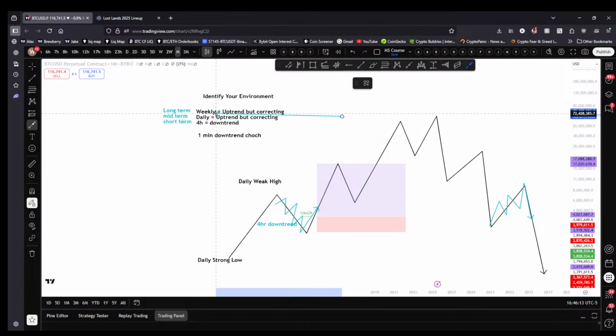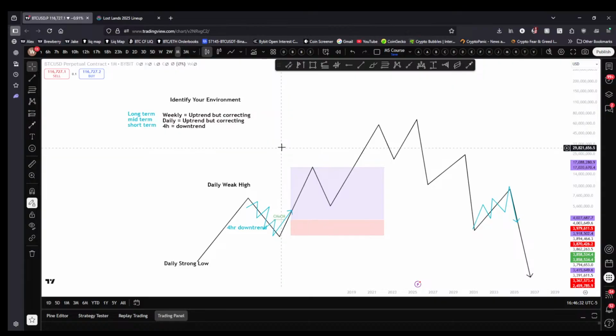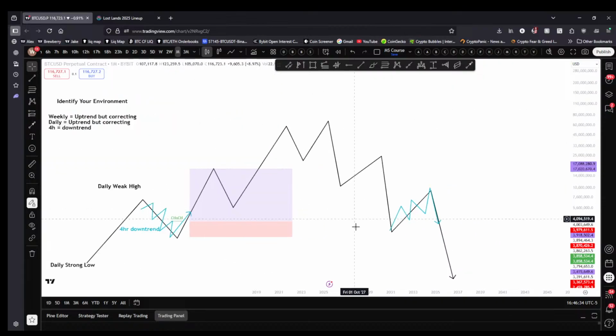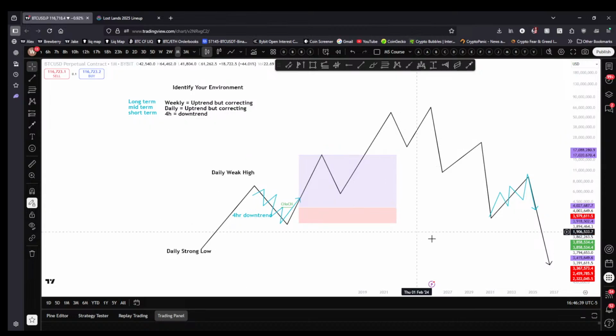So if you're entering the weekly trend at the exact 1 minute downtrend change of character that ends up being the bottom of that weekly correction, your risk to reward is going to be like 5,000. That is pretty hard to do though. But if you get really lucky, that would be how you can get the highest risk to reward possible. It can happen though, if you're disciplined enough to hold a runner like that.